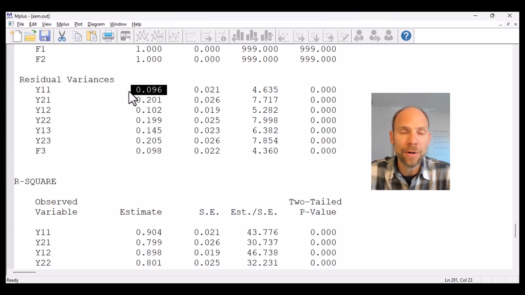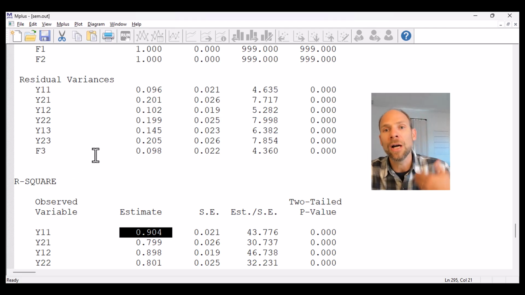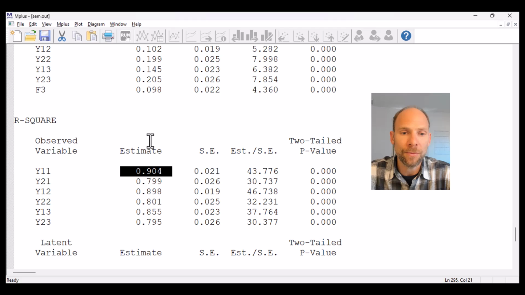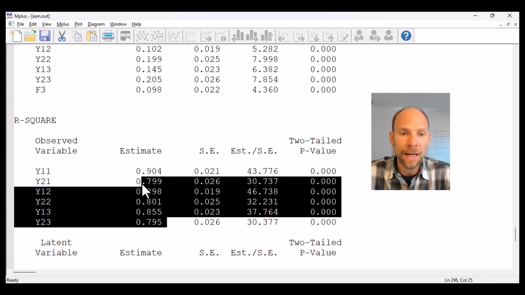So 9.6% of the variance is estimated to be error variance, 90.4% of the variance is estimated to be reliable or true score variance. And so we can look at that for each indicator. You can see that they are all fairly reliable, all around 0.8. So all have about 80% true score variance, which is decent.